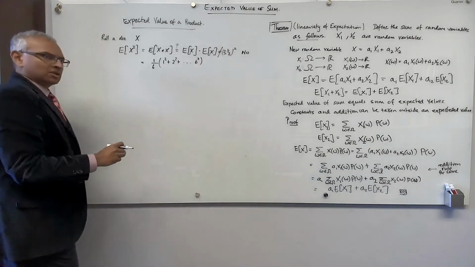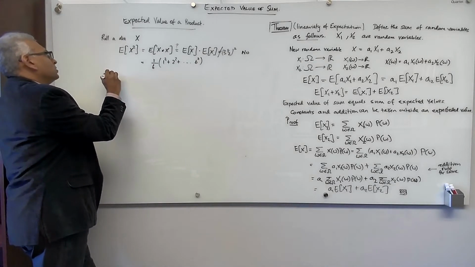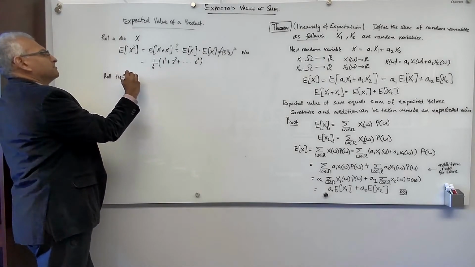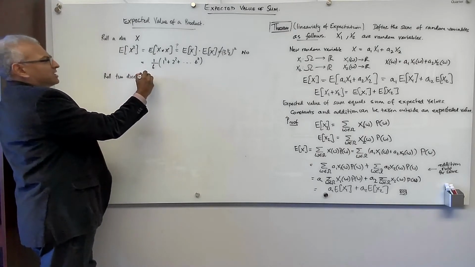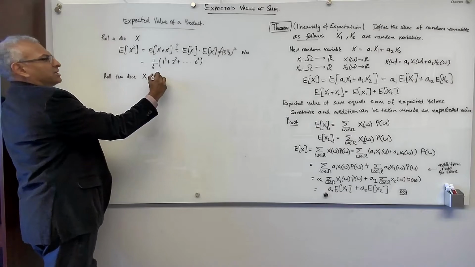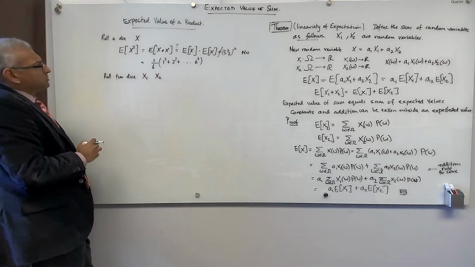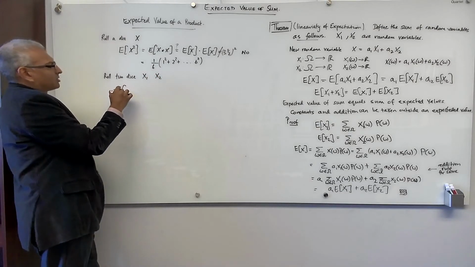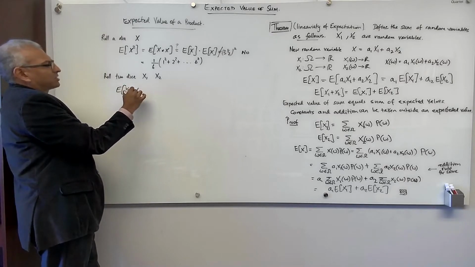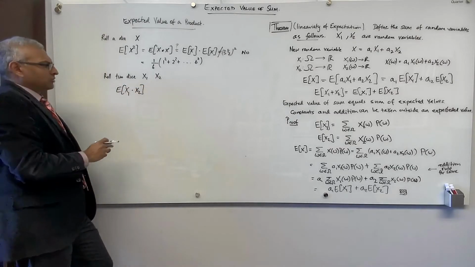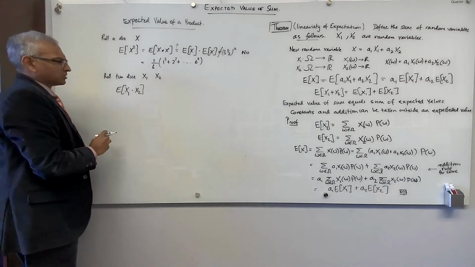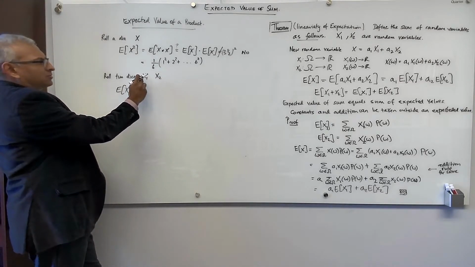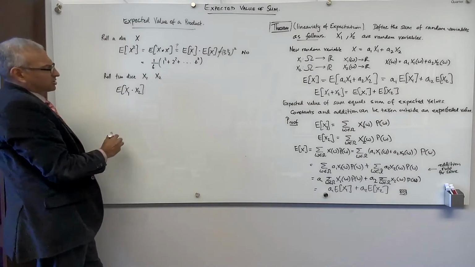On the other hand, if you roll 2 dice, now you've got the roll on the first die, which is x1, and the roll on the second die, which is x2. And in a similar way, we could ask, what's the expected value of x1 times x2? Now, from the possible outcomes x1 and x2, the possible outcomes are 1 through 6, so there are 36 possible outcomes.